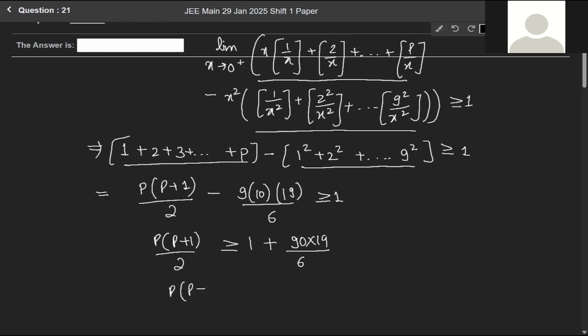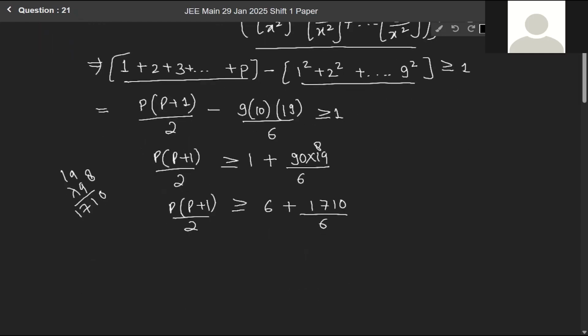So (p plus 1) over 2 is greater than or equal to 6 plus carry 8, 9, 17 over 6. Okay. 8, 9 is a 9 plus 8, 17. So when we add it, we get (p plus 1) over 2, and it should be greater than 6 plus 17 over 6.